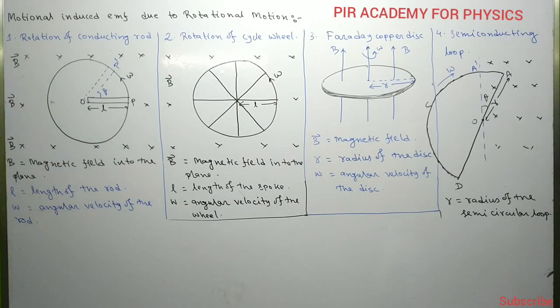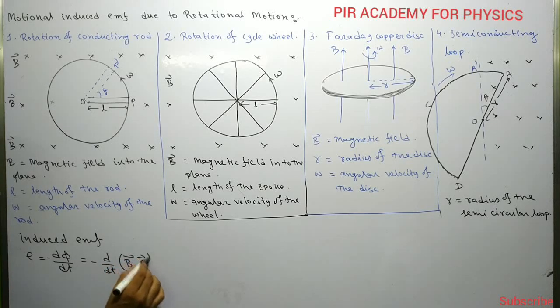Now here you see that according to Faraday's laws of electromagnetic induction, you can write the induced EMF E equals minus d phi by dt. Here you see minus d by dt of B dot A. What is the area?